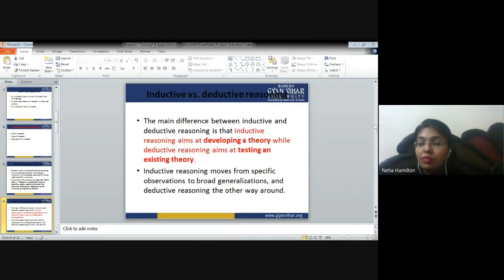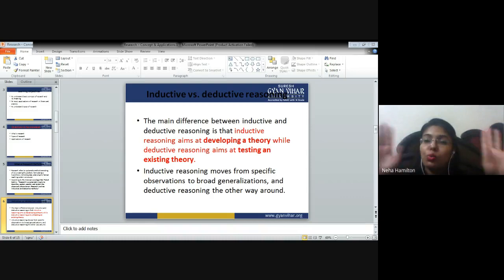Now, inductive reasoning moves from specific observations to broad generalizations, and deductive reasoning works the other way around. As the name suggests, inductive reasoning moves from specific observations to broad generalizations, right? Why broad generalizations? Because you are developing a theory.